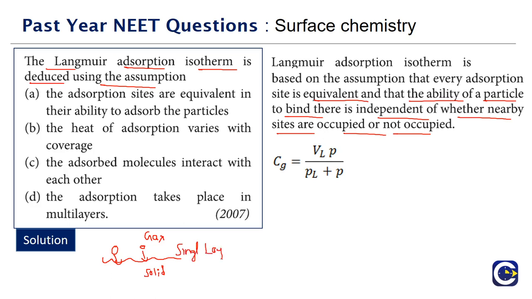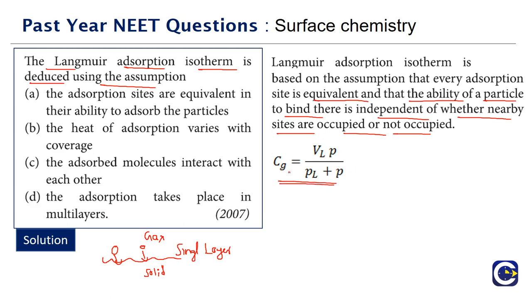So it's a monolayer phenomenon where the adsorption of the gas will depend upon the available area, and the adsorption at each and every available site will be equivalent, and the adsorption also will not depend upon whether the adjacent sites are occupied or not. So these are some of the basic assumptions of the Langmuir adsorption isotherm.